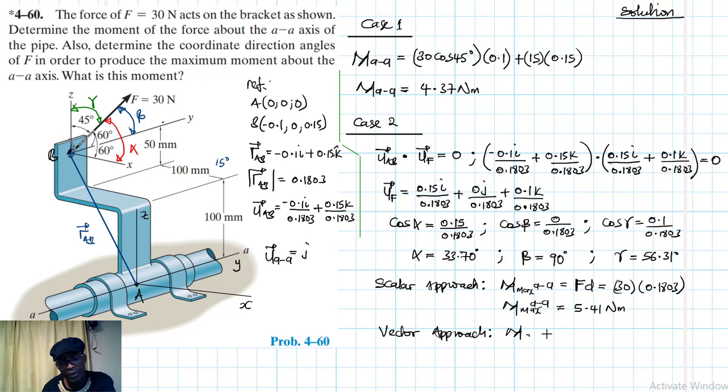So this gives us the maximum moment M max, which is equal to the unit vector along the AA axis dot the position vector, which is the moment arm RAB, cross the force.